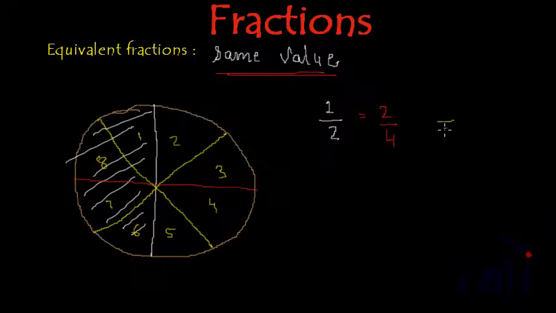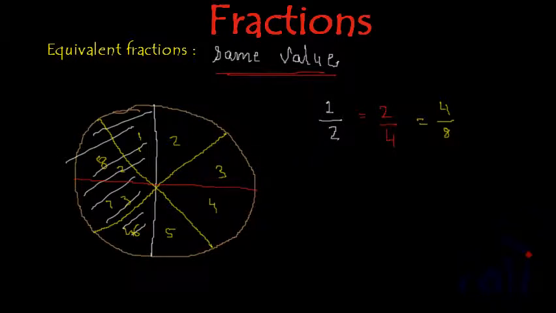We have total 8 parts, and how many parts are shaded? 1, 2, 3, 4. So the shaded portion is 4 out of 8, and again it represents the same portion which we have written by writing 1/2, right?